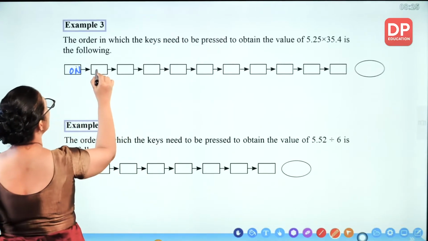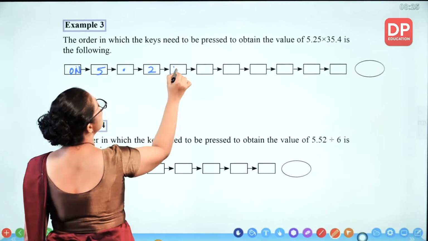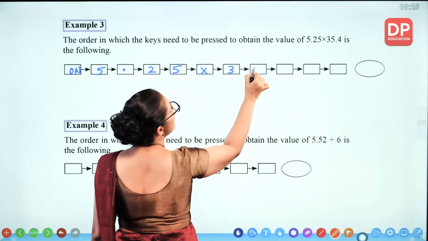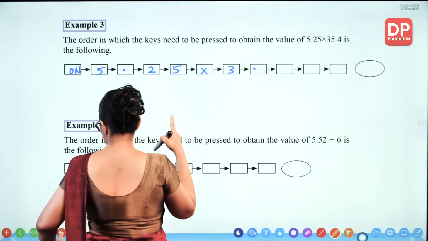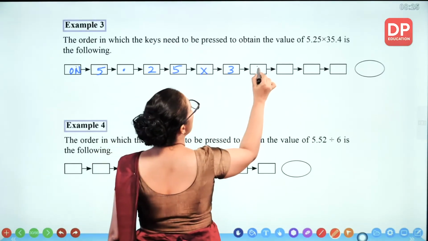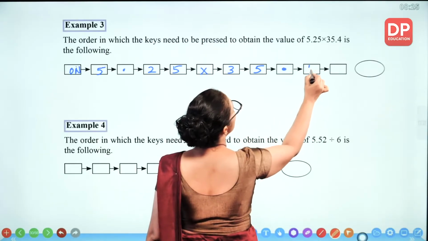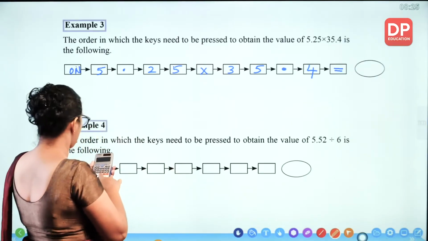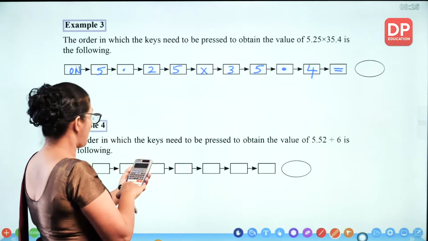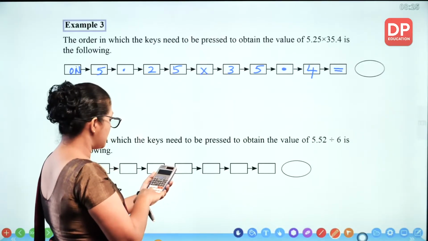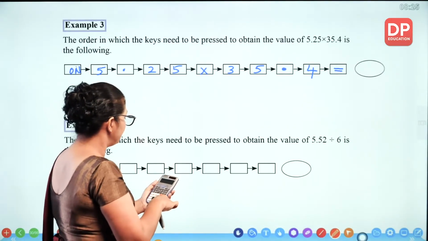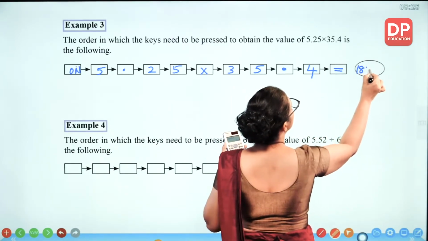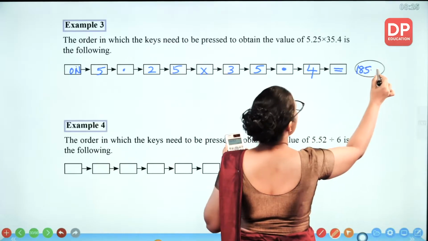Then 5.25 multiplied by 35.4 equals. 5.25 multiplied by 35.4. 185.85.